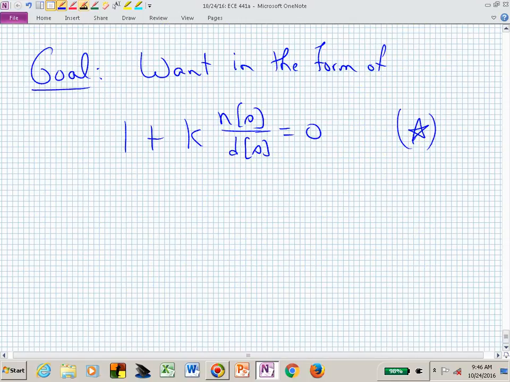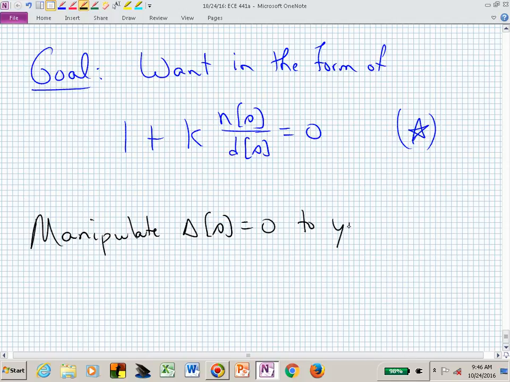Or we want to manipulate what we start with, which is this delta(s) equals 0, to yield this standard form structure in equation star.